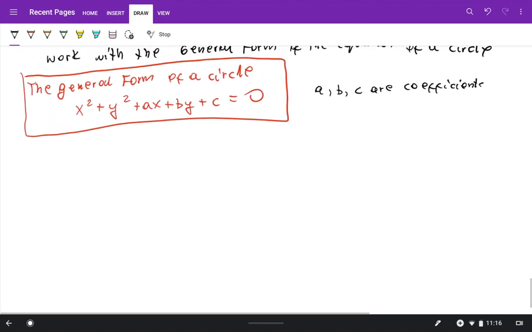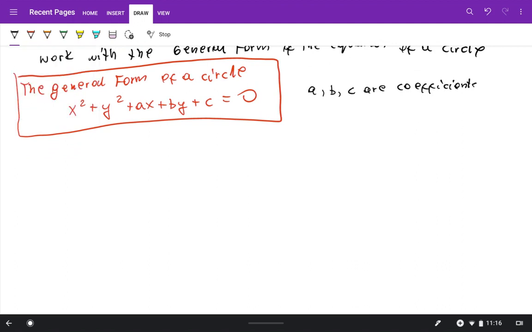So let me give you an example. In this example, I want you to graph the equation x squared plus y squared plus 4x minus 6y plus 12 equals 0. So like before, you guys saw me graphing.